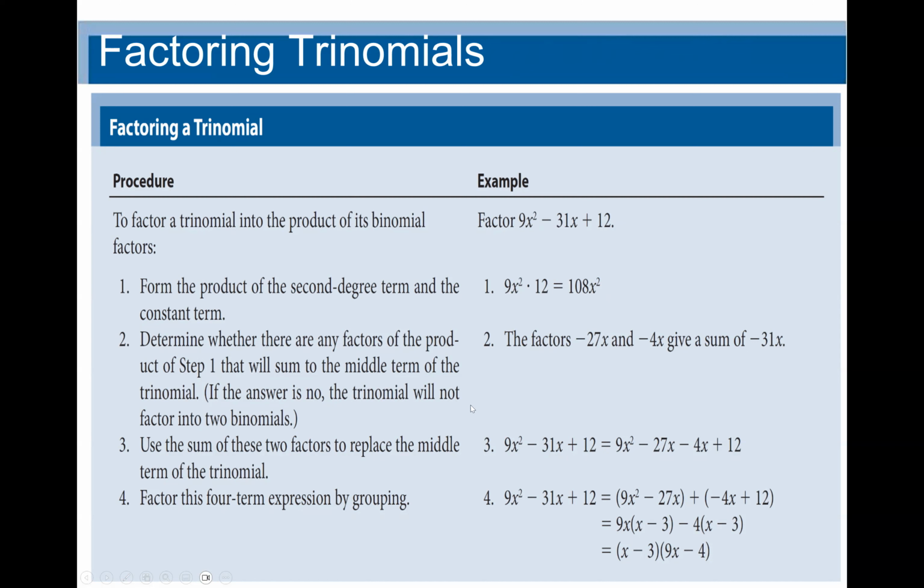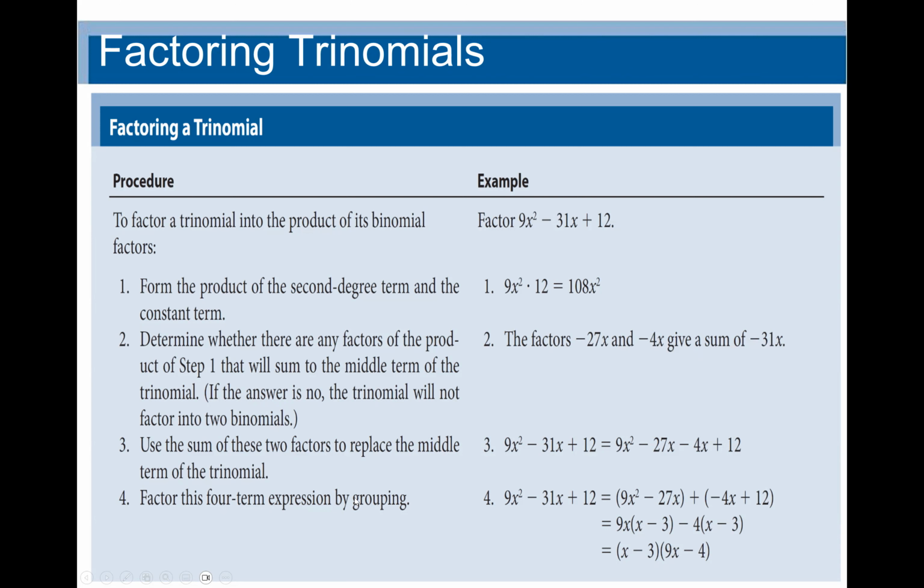Now, if the answer is no, then we say the trinomial will not factor into two binomials. But if it's yes, then it can be factored into two binomials. So the factors will be minus 27x and minus 4x. Minus 27x and minus 4x will give me the sum of minus 31x. So that's perfect.